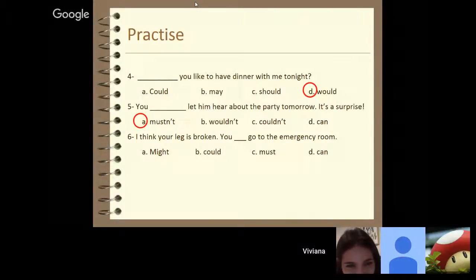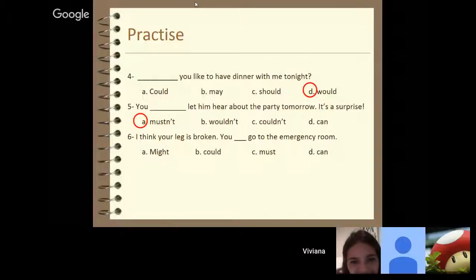You mustn't. Okay, mustn't is something as I told you before. Must is when you have to. In this way it is negative, it means that you cannot let him hear about the party tomorrow.